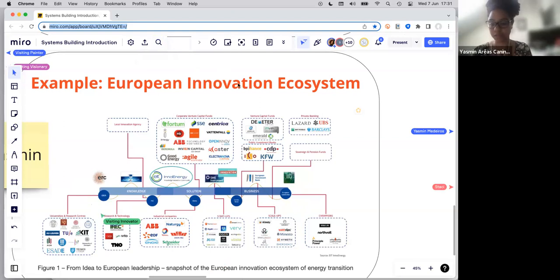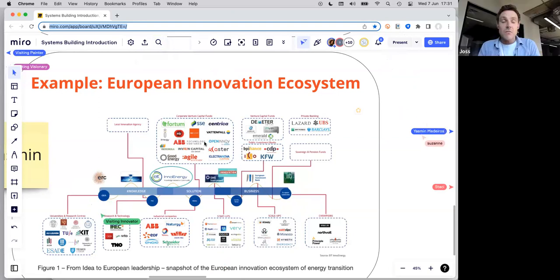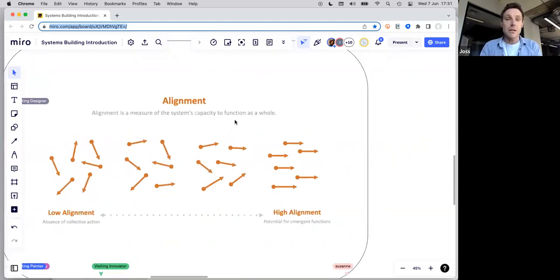And there's a question from Danielle. Josh, can you elaborate a little more on the nuance between collaborations and systems change? Well, they're part of the same thing. Maybe I go back to this graphic here.